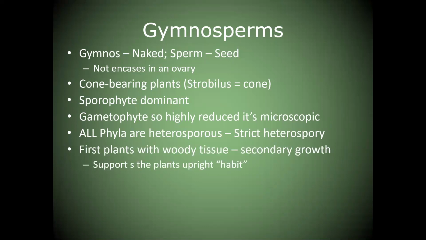We will talk about that with respect to examples later on. So remember, in gymnosperms you will not see homospory. You will always see separate male and female gametophytes, separate male and female spores, microspores and megaspores. We will talk about that later in detail.